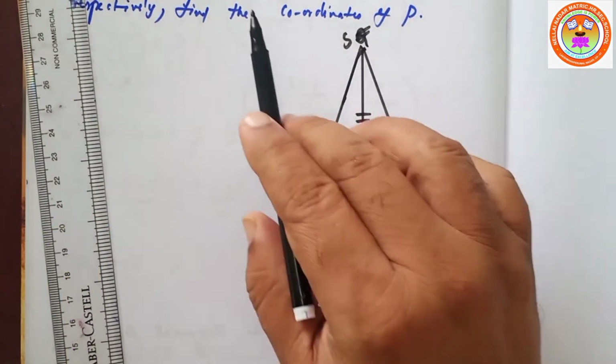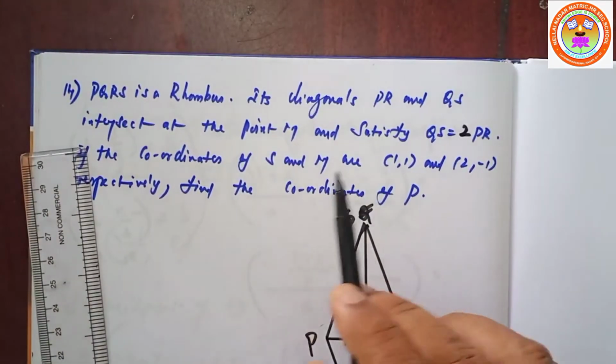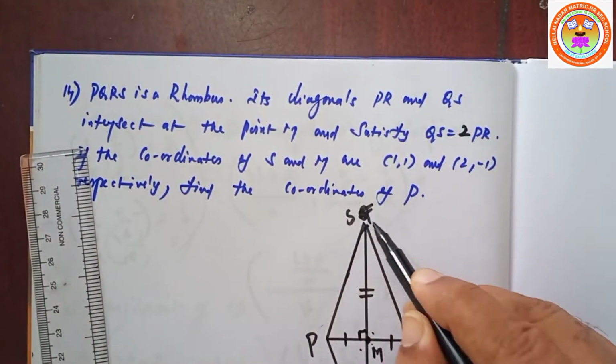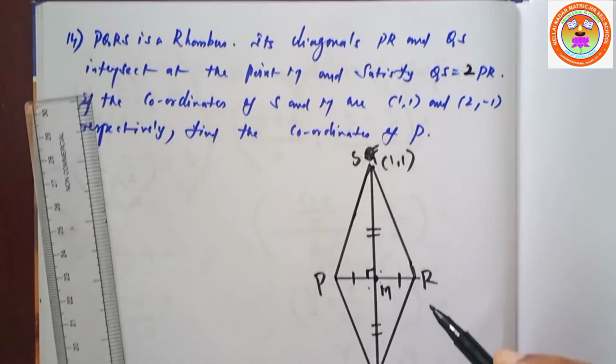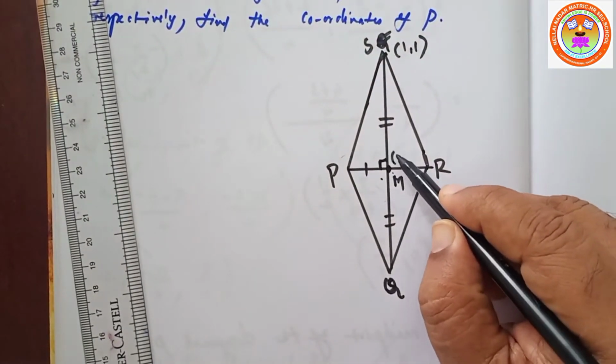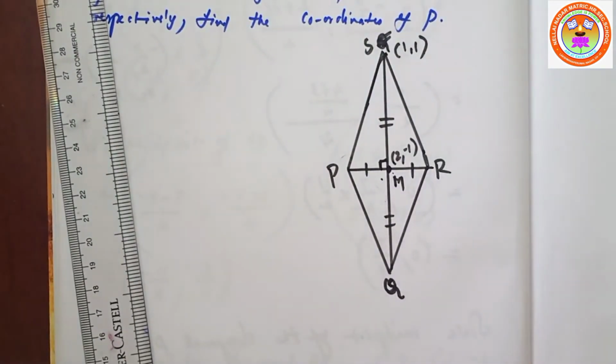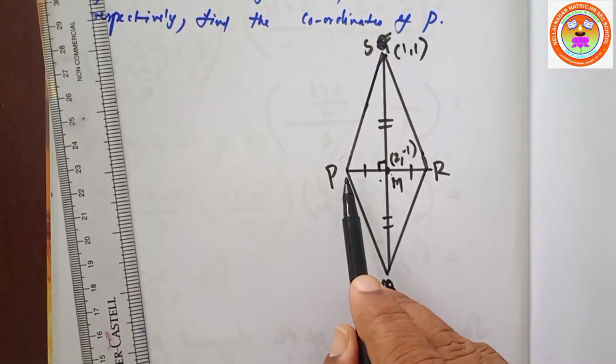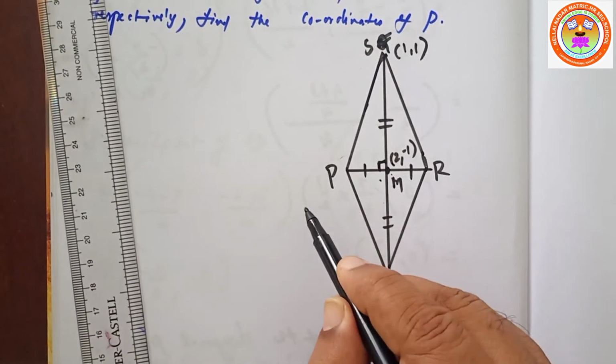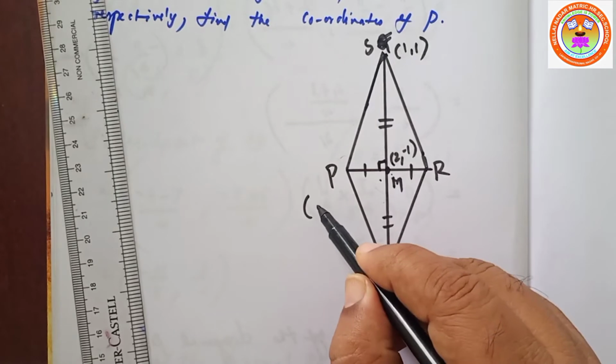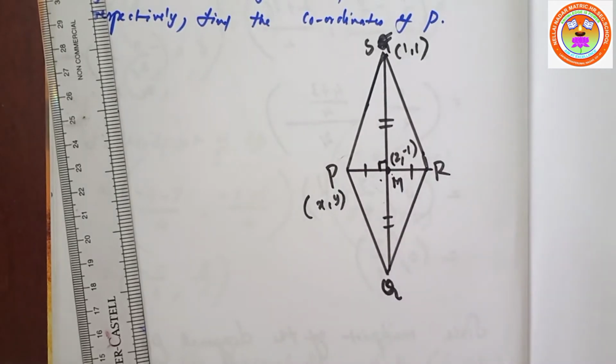You are given the points S and M. S is (1, 1) and M is (2, -1). You are asked to find out the point P. I consider the point P as (x, y). You have to find out x, y. How to find?